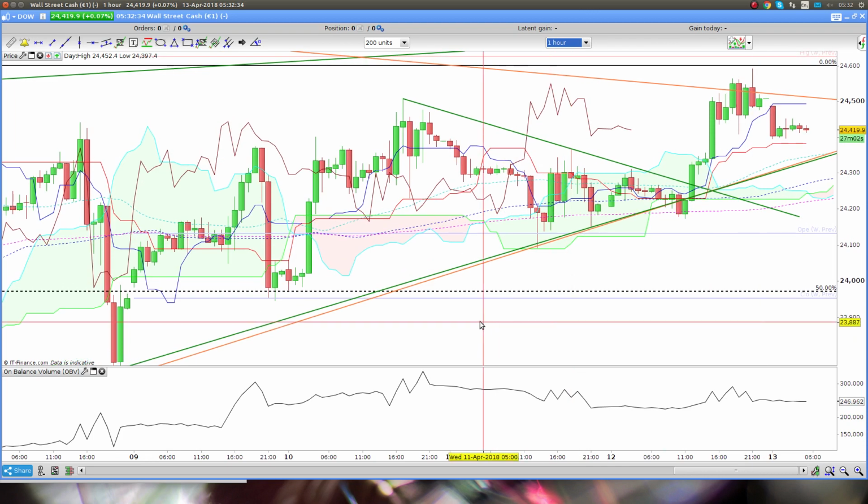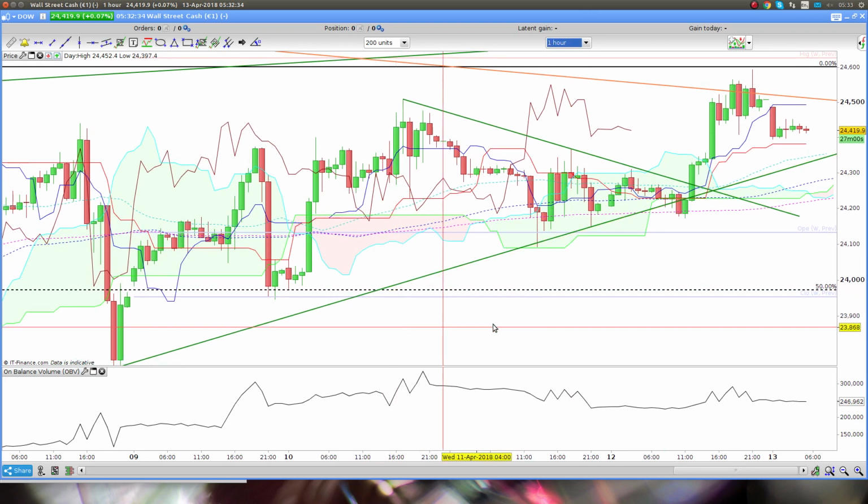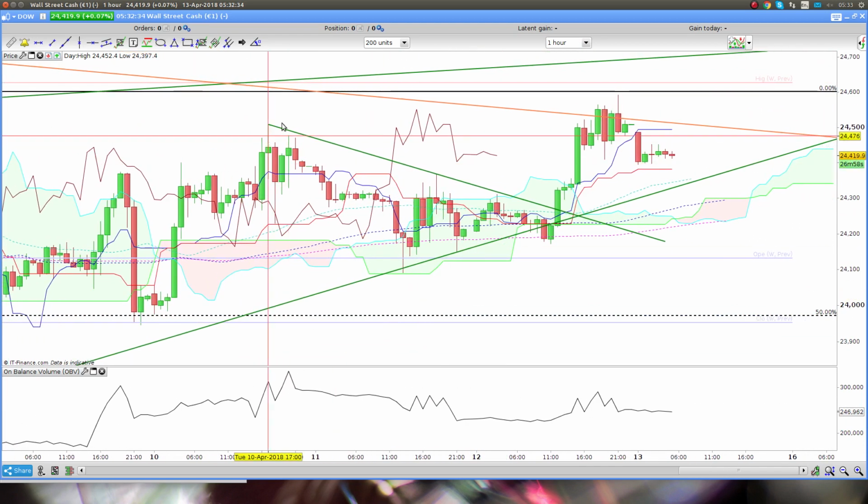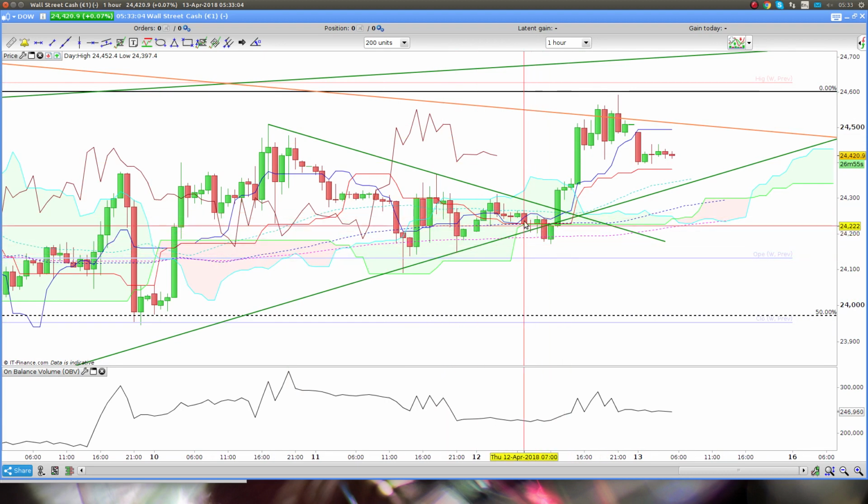As I explained yesterday, we had this triangle here, and we had a fake out. There's the fake out. In other words, it tried to break to the downside, which failed. It then broke to the upside, which was my cue to get in. So I managed to gain a long here.